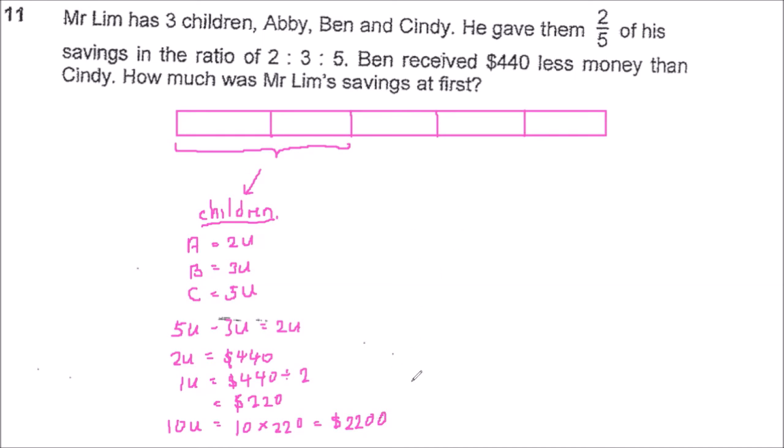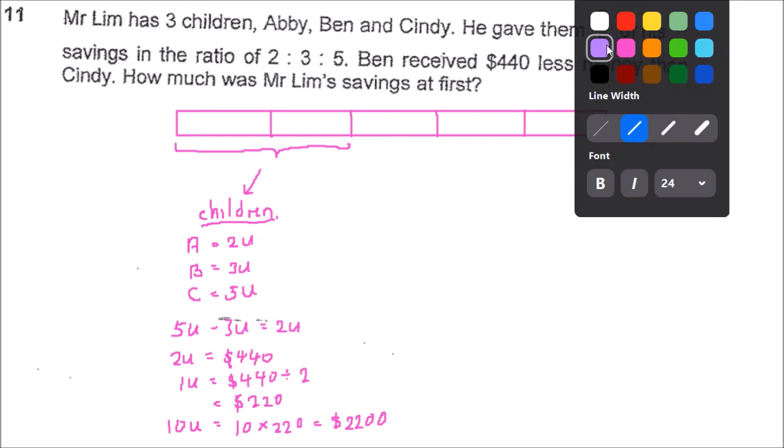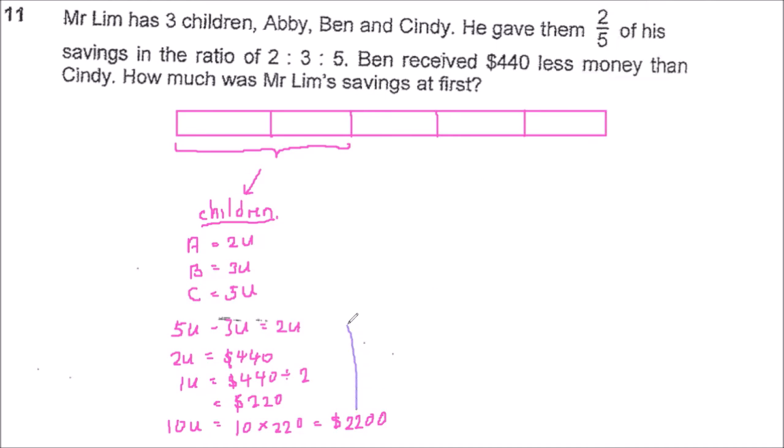Okay, so this 2200, if you can see, is going to be these 2 units here. So we can write down, 2 large units equals 2200. So one large unit will be 2200 divided by 2, 1100.